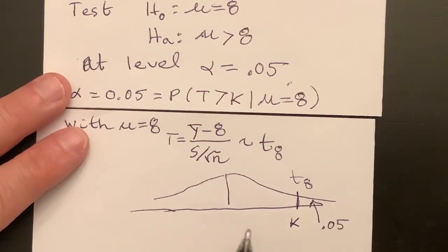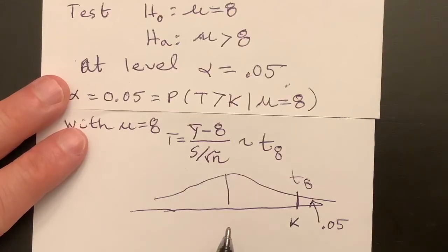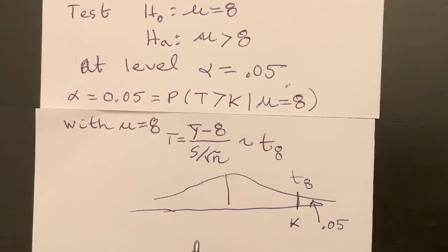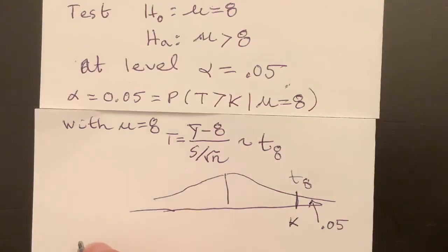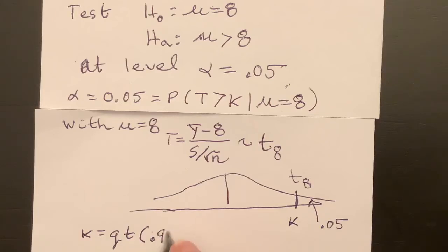Okay, so this I would do using the computer, I did it ahead of time, or a table. So if I look this up, I have K is equal to QT of 0.95. So this gives me the value here that has 0.95 of the probability to the left of it.